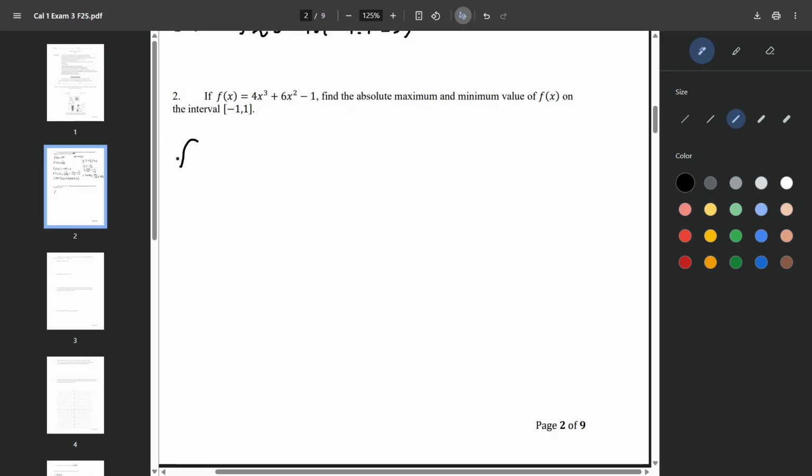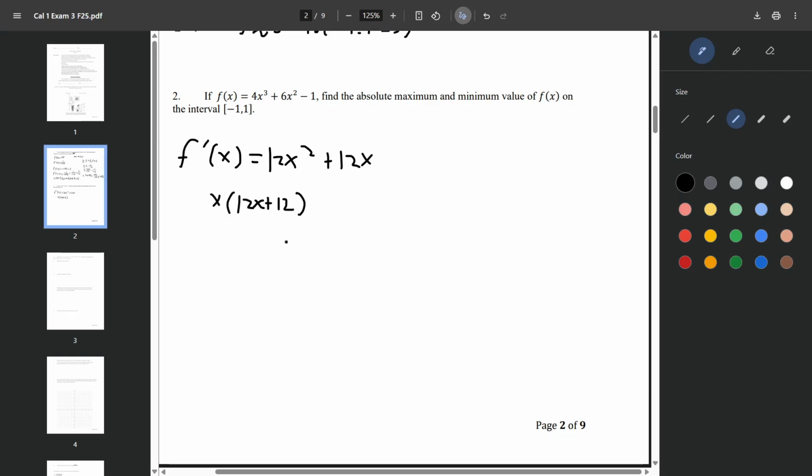And so f prime of x equals 12x squared plus 12x. And now we find when y equals 0. So the easiest way to do this is to take out an x from both of these. So x times 12x plus 12.